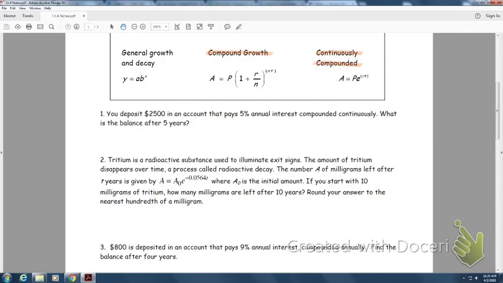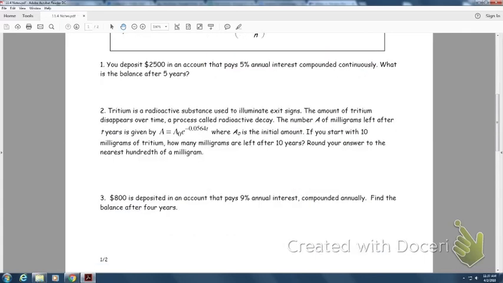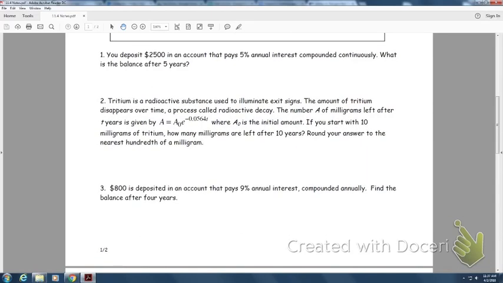So, Isaac, will you read number 1 for me? Okay, so Chance, which formula am I going to use? Continuously compounded. And what tells me that? It says compounded continuously.